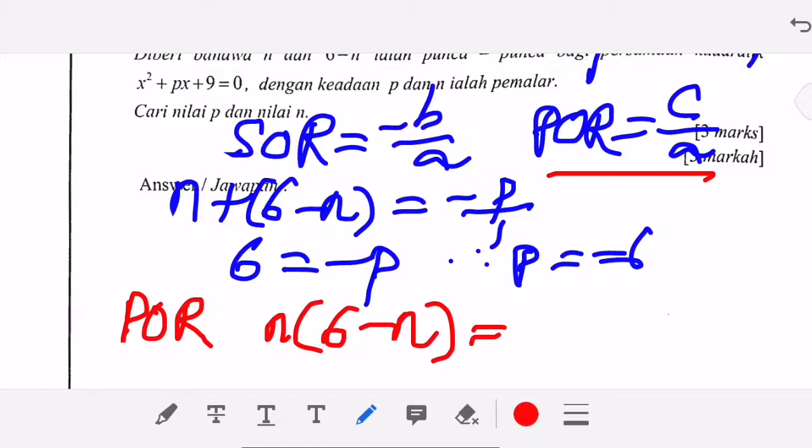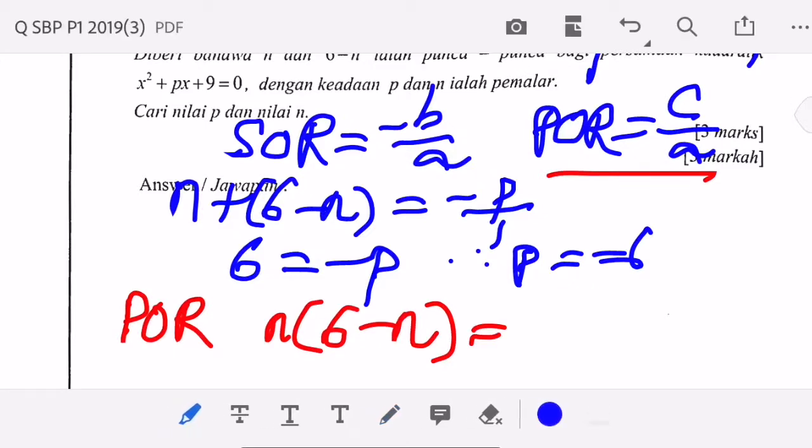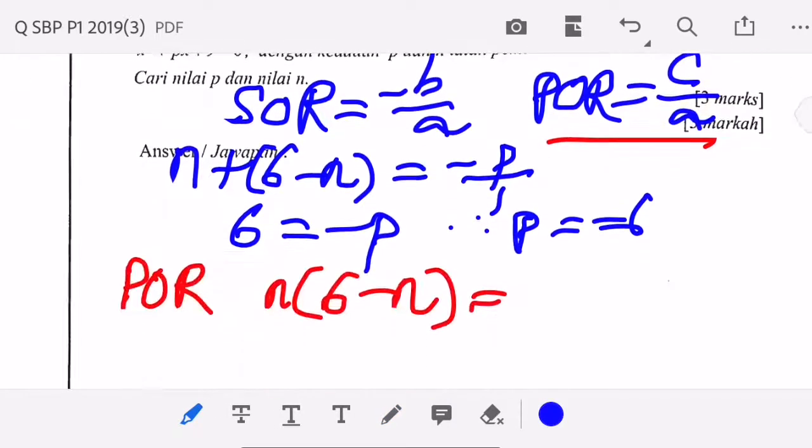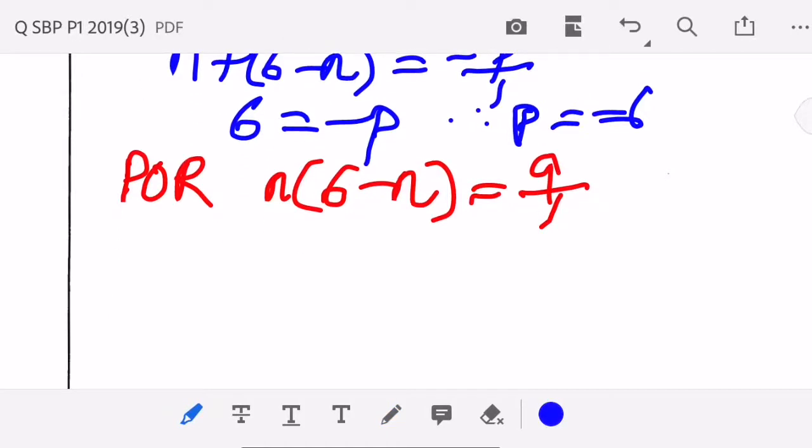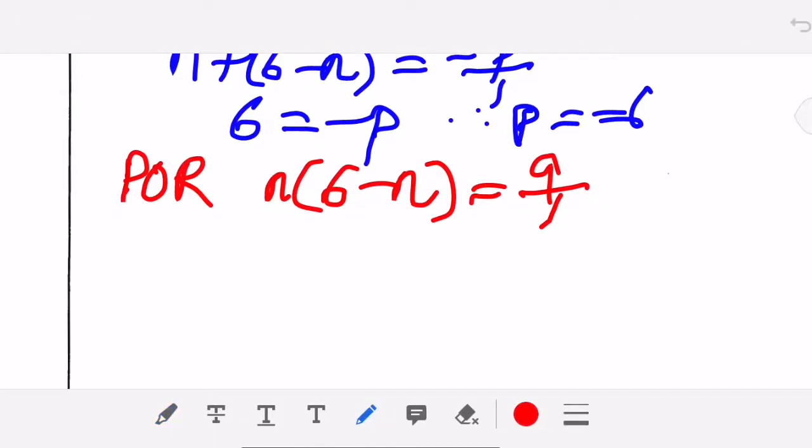So 9 over 1. So we just expand carefully. Okay, n times 6 is 6n minus n squared. Okay, and then you will get the quadratic equation. So 6n minus n squared equal to 9.